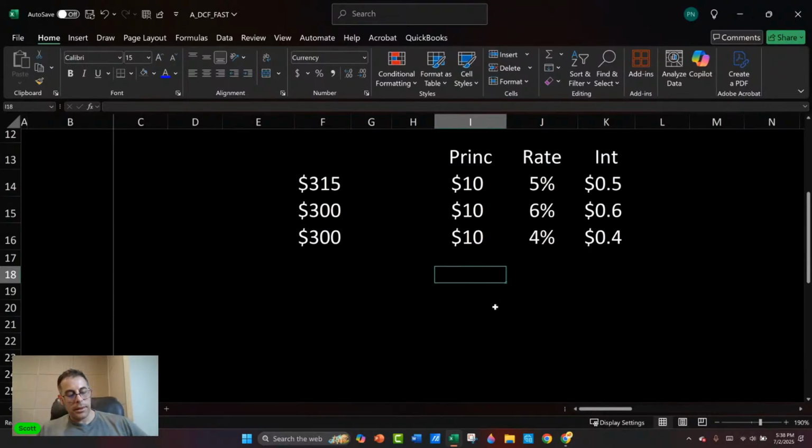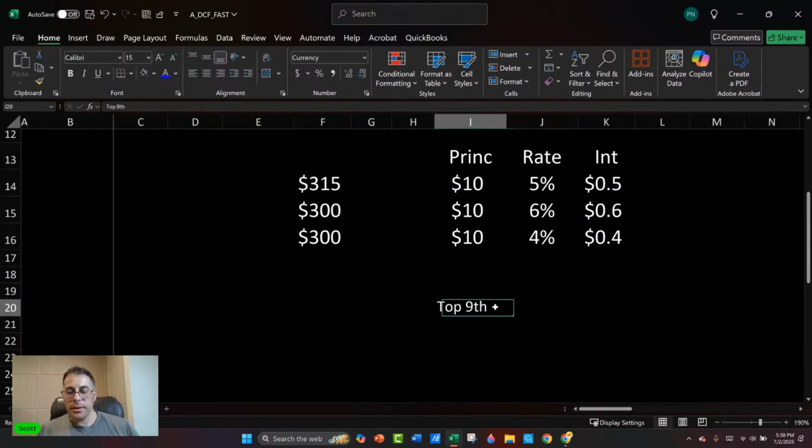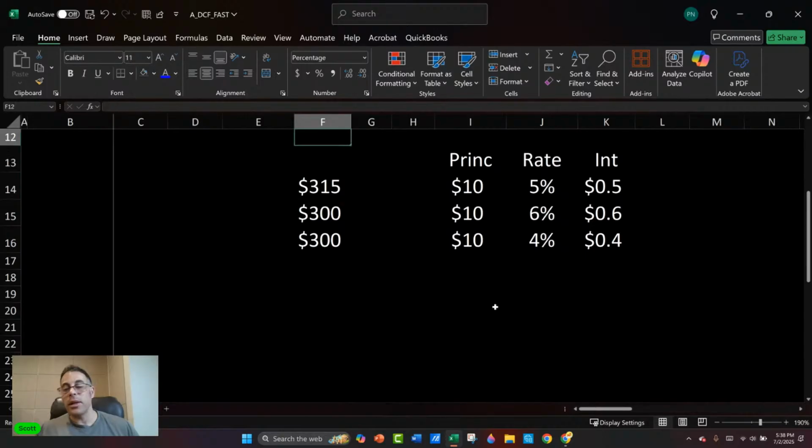Because if it's top of the ninth and you're the home team, the away team is batting in the top of the ninth. I don't know. It sounds like a trick question, but it's low, I would say.